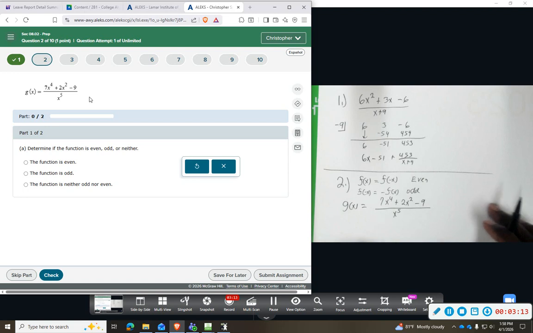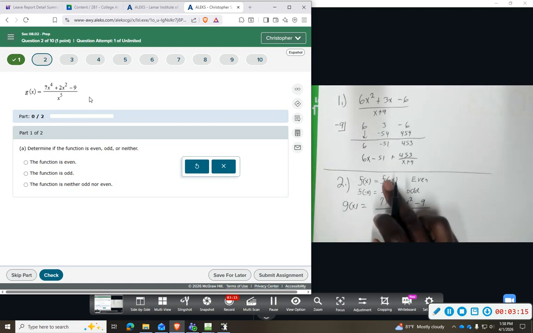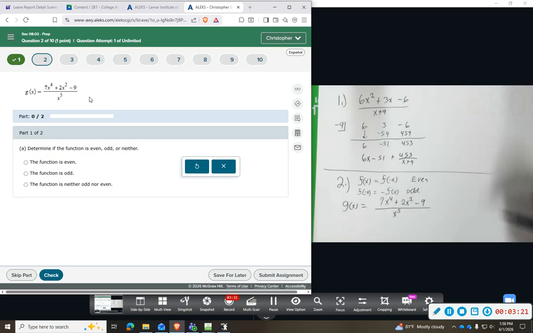Okay, so here's the long and short of it. We're going to be either multiplying the function by a negative with a negative on the outside, or we will be placing a negative x raised to a power. So if it's an even power, then it's going to come back out positive. If it is raised to an odd power, it's going to come out being negative.